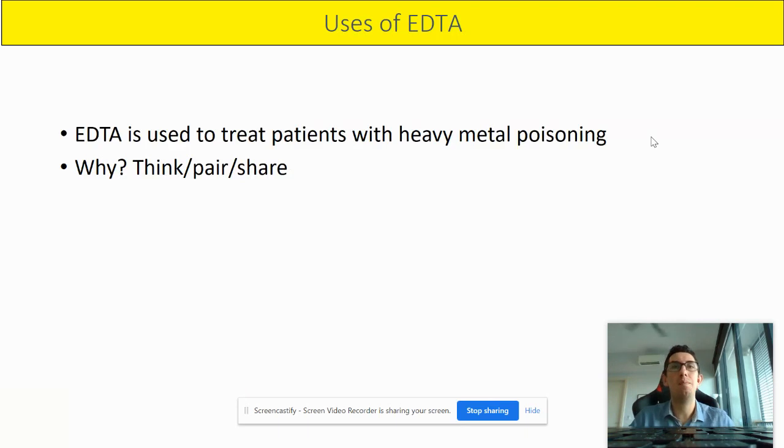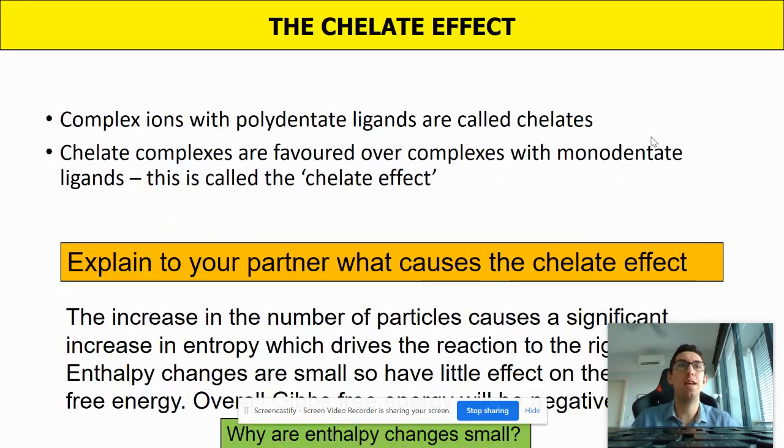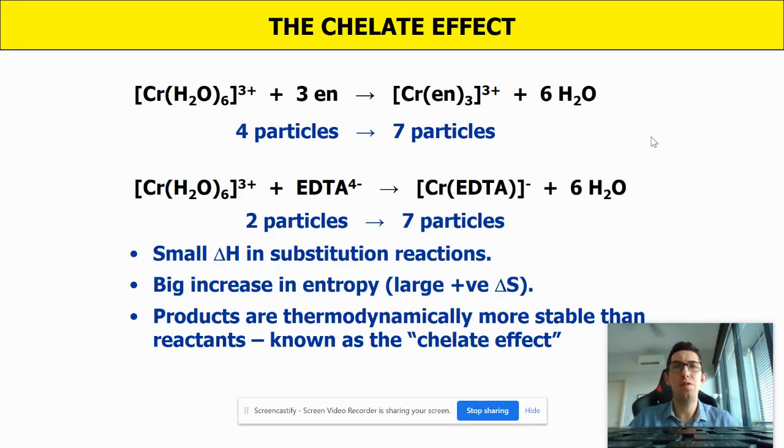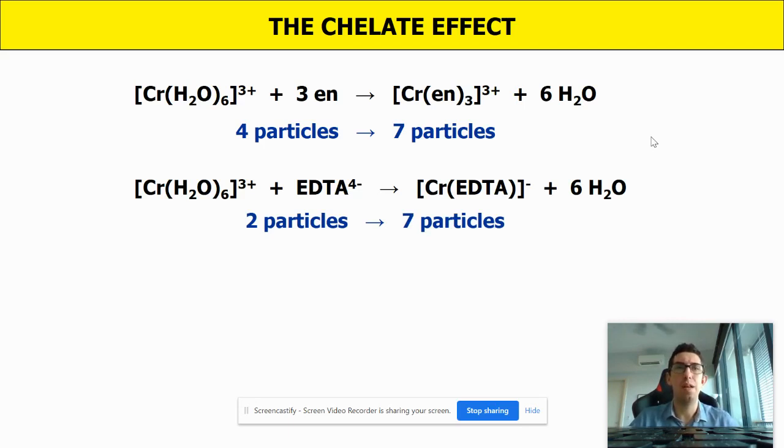Okay, so what is the use? Why is EDTA useful? We're just going back here for a second. If you swallow some metal, now generally a lot of these metals, transition metals, are very bad for you inside you. But EDTA is great because it will take the metal and form a complex with it.